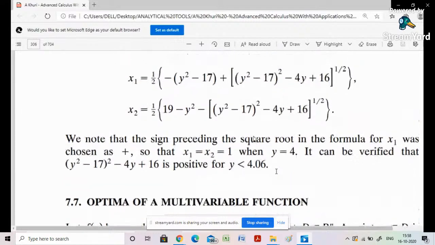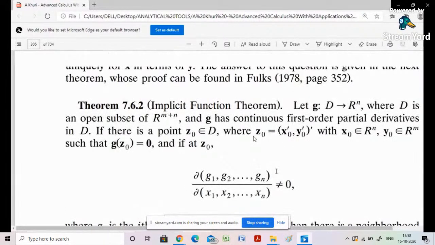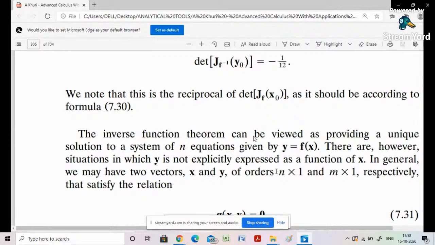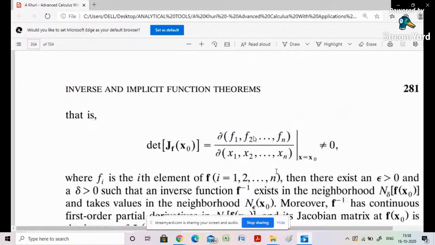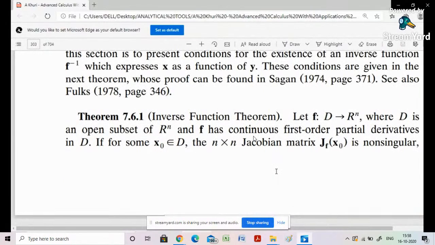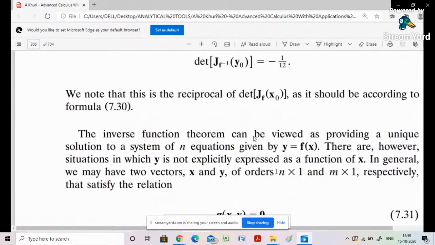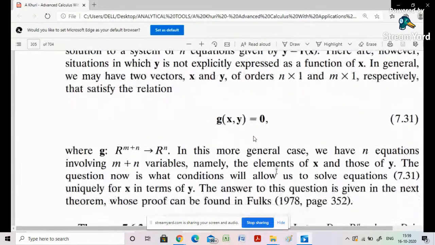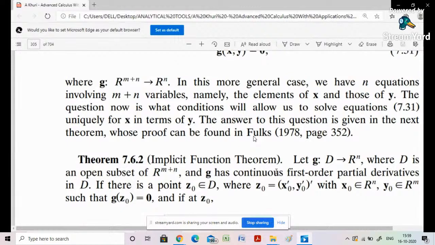Okay, so up to this we have discussed the two theorems: one is the inverse function theorem, and the other is the implicit function theorem. Both theorems are derived for getting solutions of systems of equations.